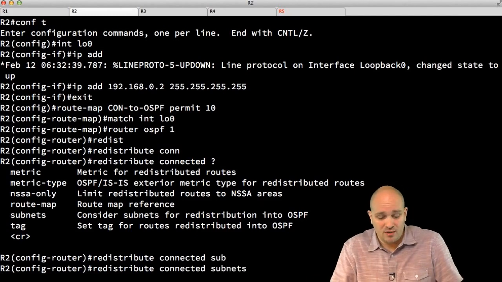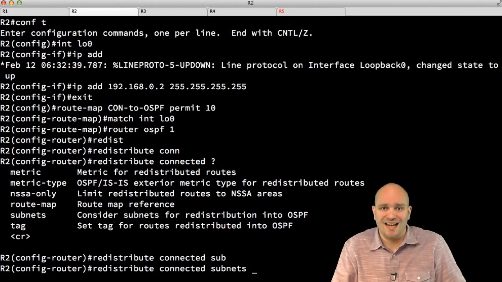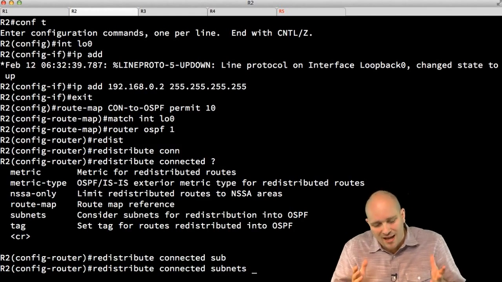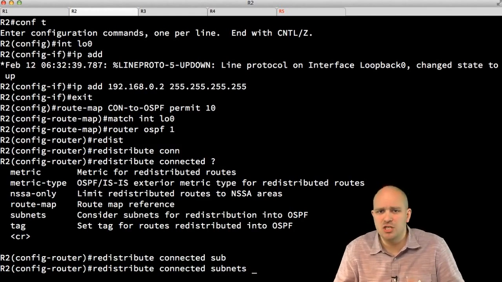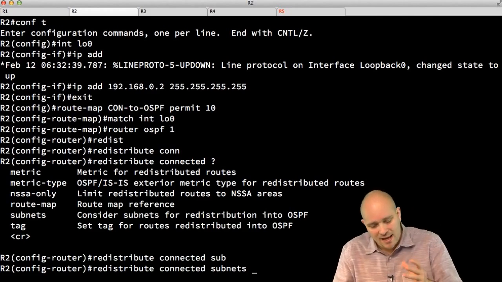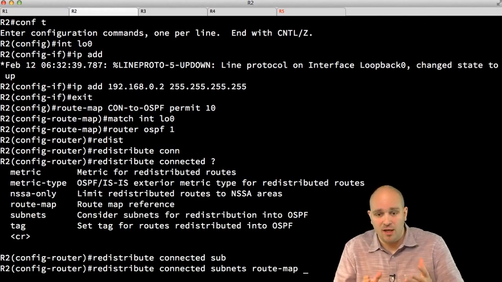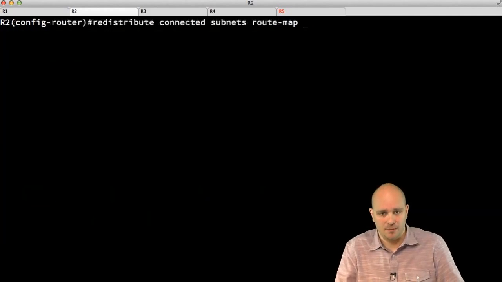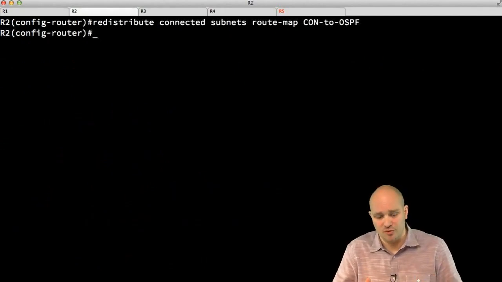So that's one of the quirks of working with code as old as IOS is, that you have some of this stuff that should have been long gone from IOS a decade ago, but we are still stuck with it. And then I'm going to specify here the route map filter, connected to OSPF, because this is the only prefix that I want to redistribute.